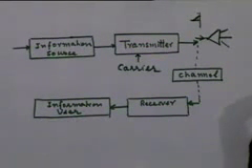Typically, not always, a carrier is a pure sine wave signal of a suitable high frequency, right? Why high frequency? So that it is easy to design an antenna which will be able to radiate it.